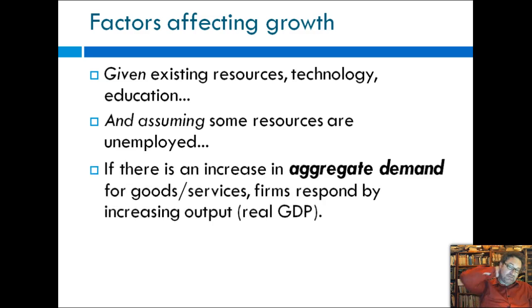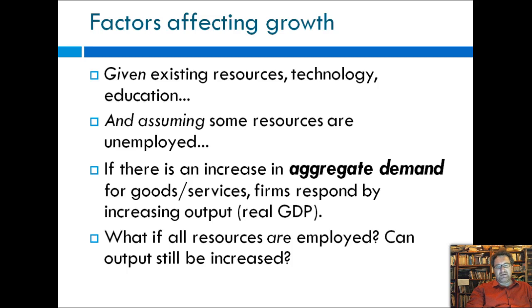So if there is an increase in aggregate demand for goods and services, total demand throughout the economy, then firms respond by increasing output. Real GDP rises. That would give you economic growth. And vice versa.